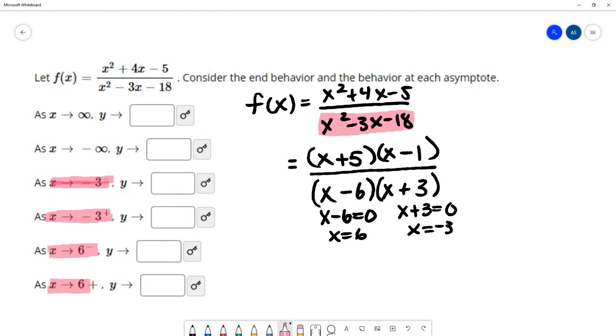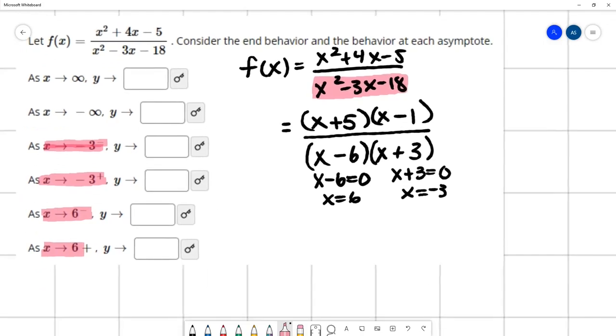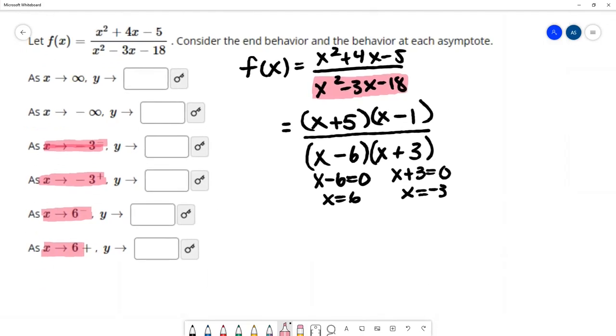So we've found those vertical asymptotes, and now I need to know what's happening with the y values for those points. Now, by definition, a vertical asymptote is going to have x approaching a certain number, and y is either going to approach infinity or negative infinity.